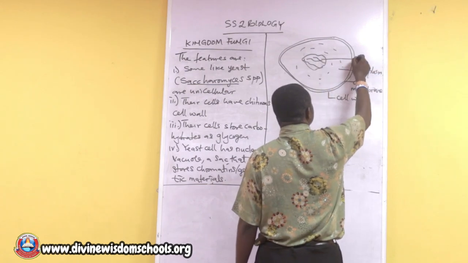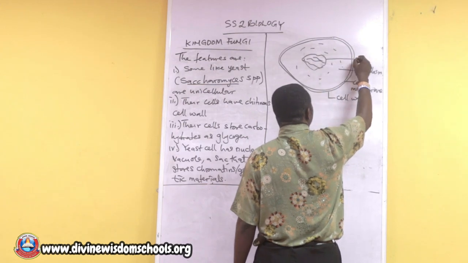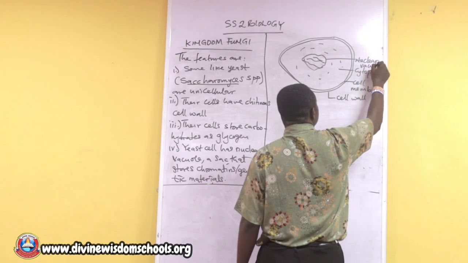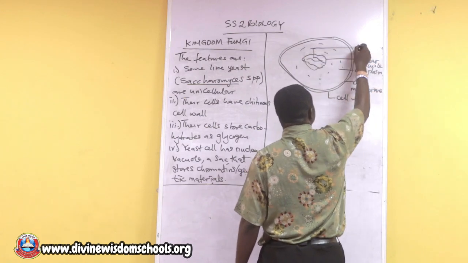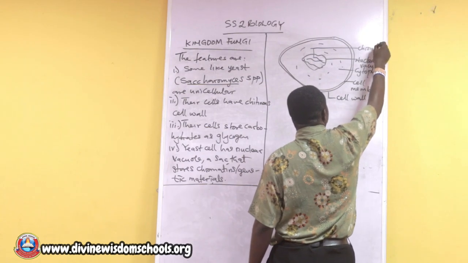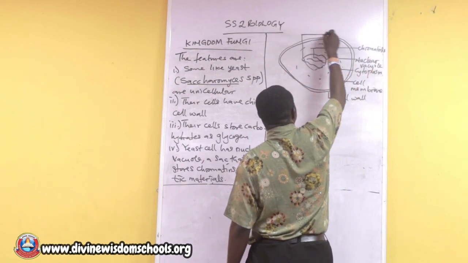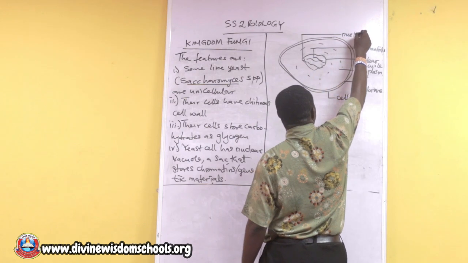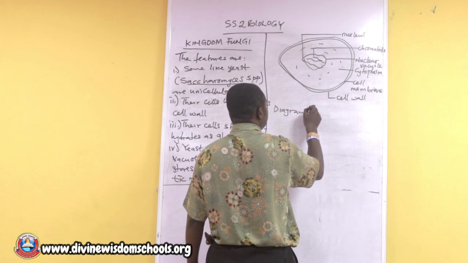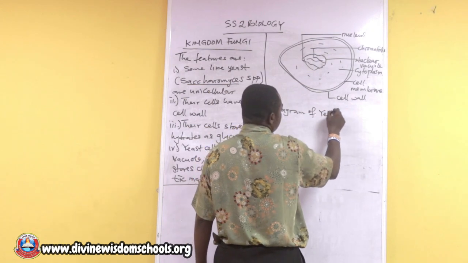This is the nuclear vacuole. This is chromatins. Then this is a nucleus. What we have here is a diagram of yeast cell.